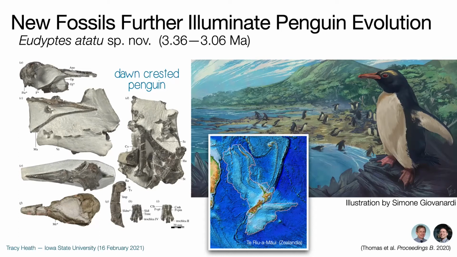Additionally, it was one of the earliest fossils discovered from this part of the world, Te Rua Maui, which is essentially a seabird hotspot, where about a quarter of the world's living seabirds go for breeding and nesting. So one of the interesting things about this fossil was that it had the ability to unlock the timing of this area becoming the seabird hotspot.